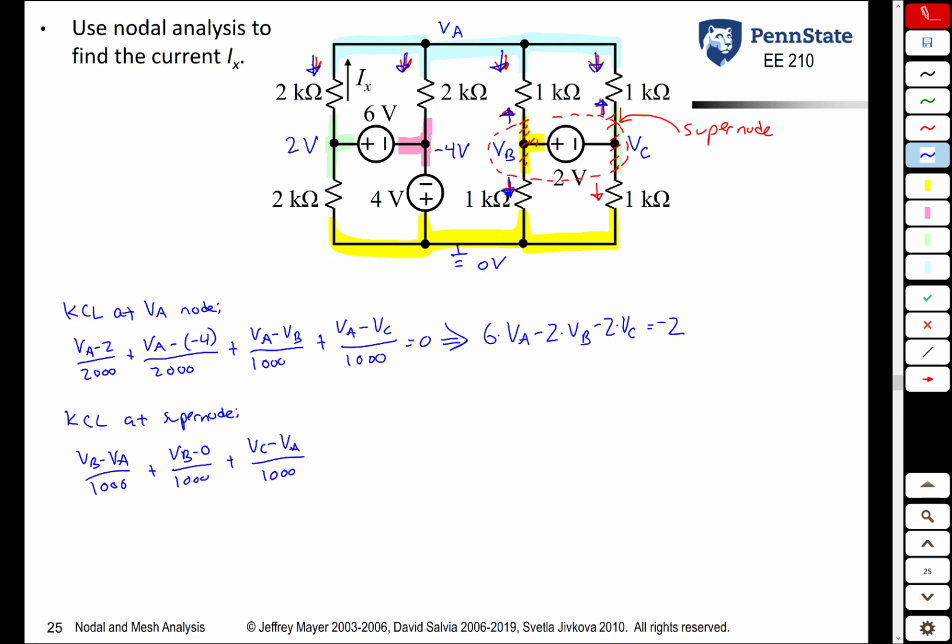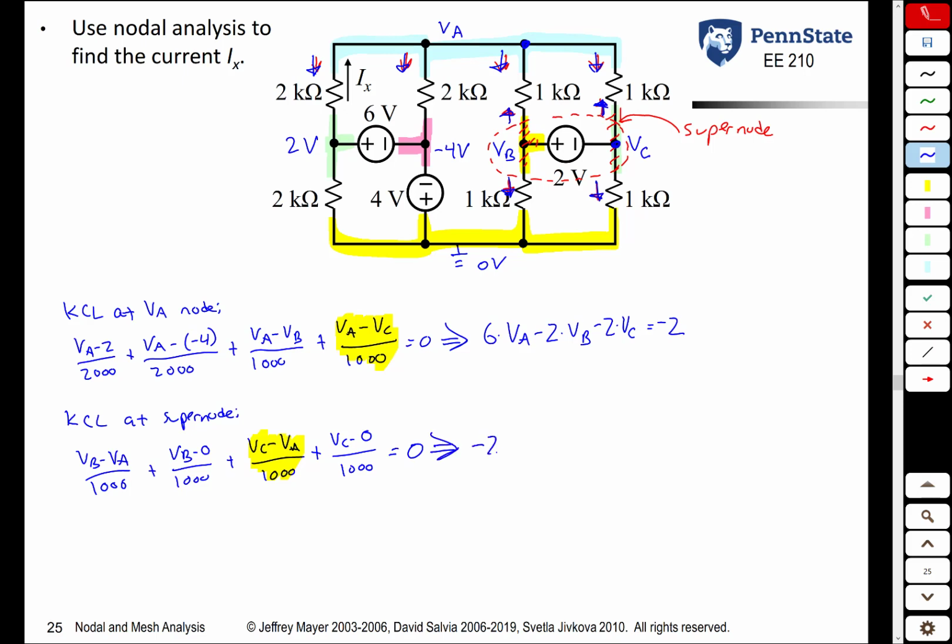And notice once again, because we're going up rather than down, it's the voltage at the coming from point VC minus the voltage at the going to point VA over 1,000. So in the equation above, it was VA minus VC over 1,000. Here it's VC minus VA over 1,000 because we're going up rather than down. And then the final current is VC minus 0 over 1,000 is equal to 0.